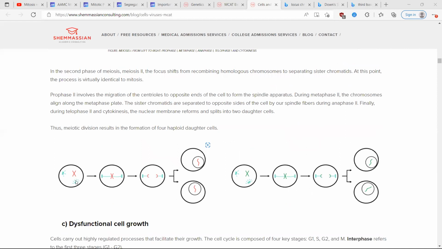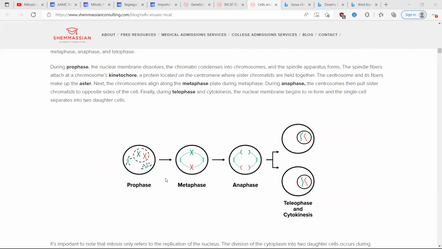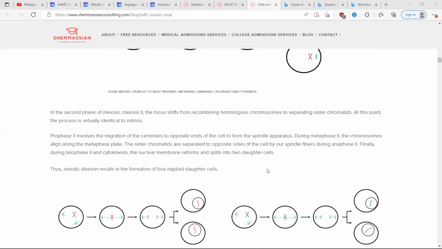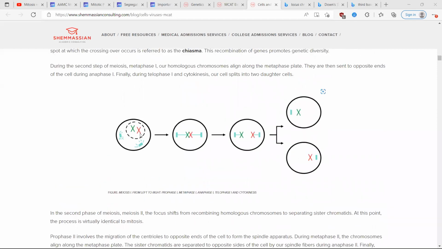And then this phase is the one that looks like mitosis, because notice how the chromosome goes to the middle and gets split in the middle, just like we did in mitosis.